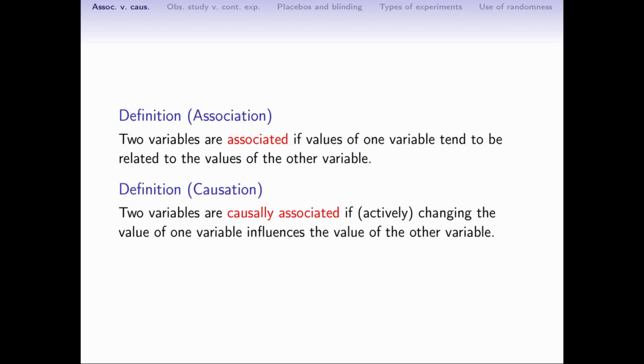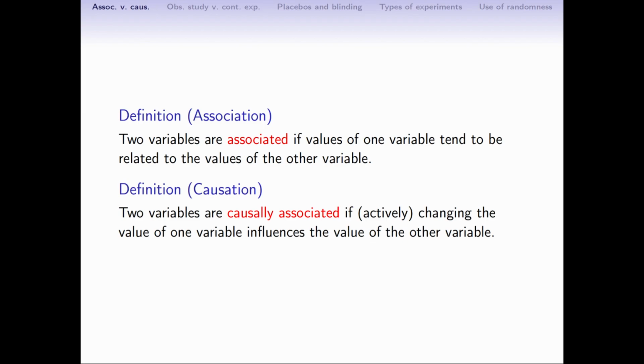Okay, 2 variables are said to be associated if the values of one variable tend to be related to the values of the other variable. On the other hand, 2 variables are causally associated, or simply causally related, if actively changing the value of one variable influences the value of the other variable.